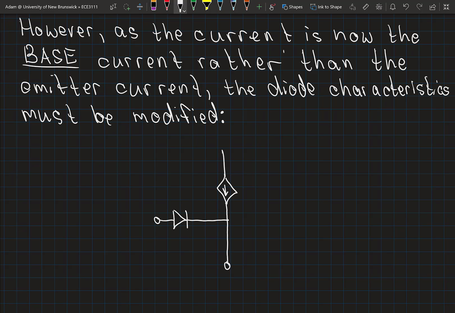Now the characteristics of this diode, which has base current flowing through it, must have a saturation current that's, again, set by the collector to base junction, and that saturation current is now scaled by beta because our current in our base lead is beta times smaller than that in our collector lead, right?